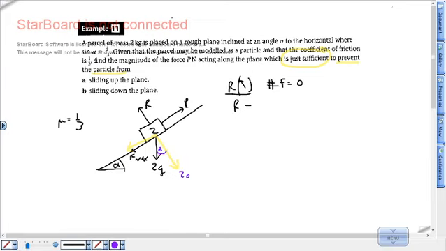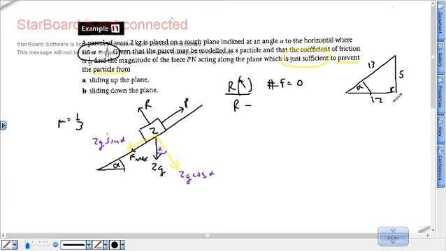This is your force 2g, and it is cos alpha. And this is your force 2g, and it is sin alpha. I always draw a little snippet of this over here, because we're told that sin alpha is 5/13, so opposite 5 over hypotenuse 13. So it's a 5, 12, 13 triangle.